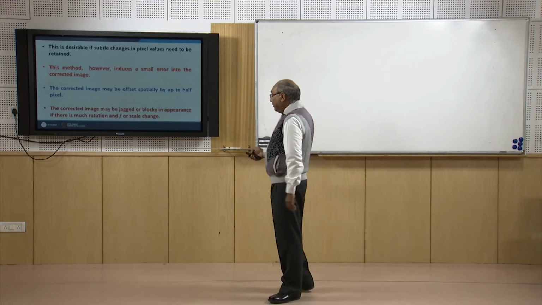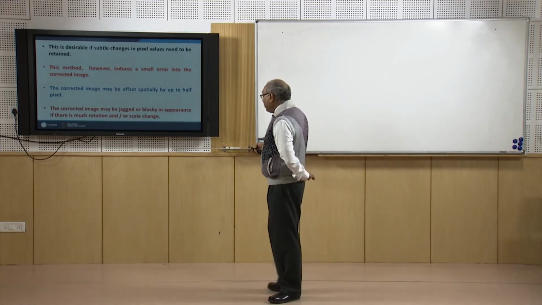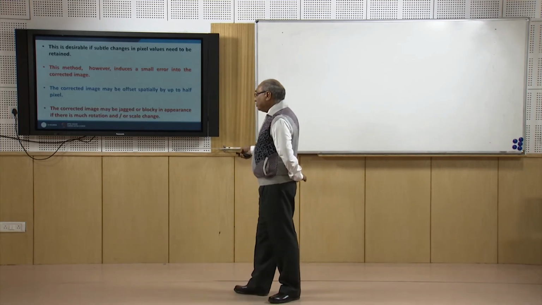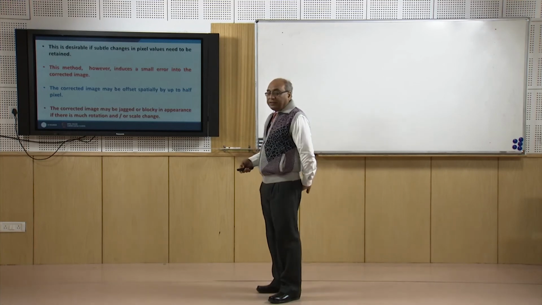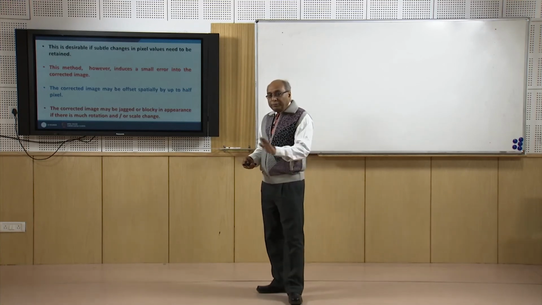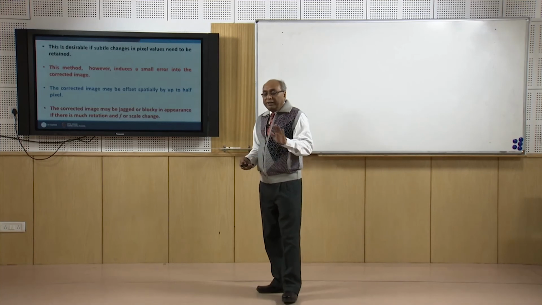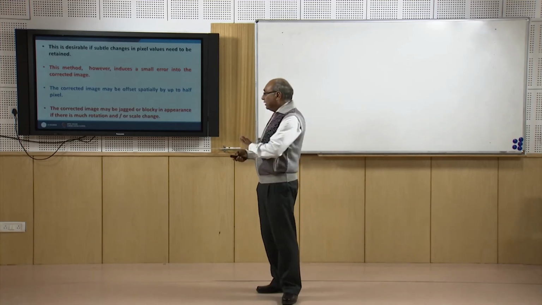And the corrected image may be jagged or blocky in appearance if there is much rotation or scale change. So if it is a simple transformation from geometric to geographic, that means first polynomial order, then there may not be any complication.